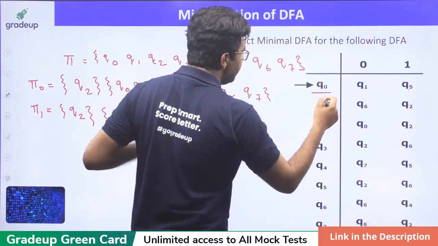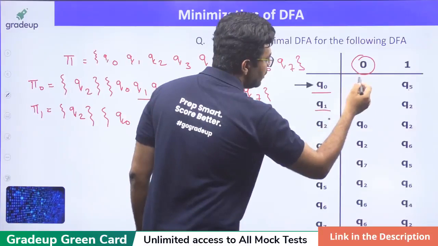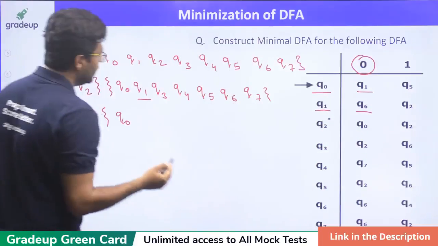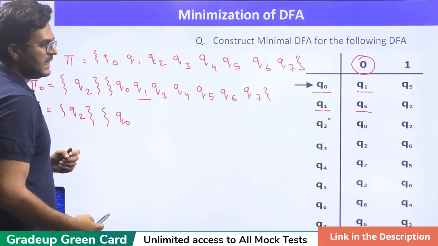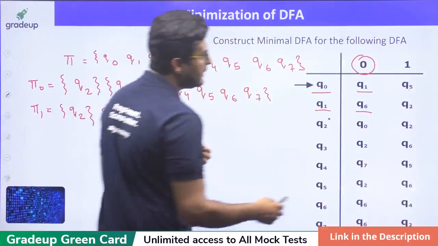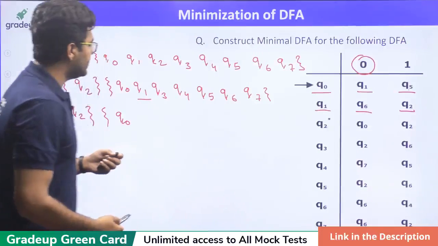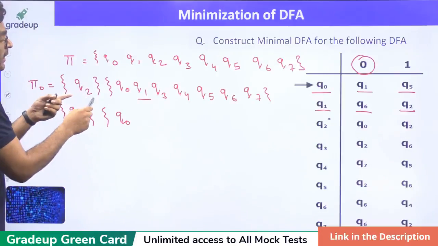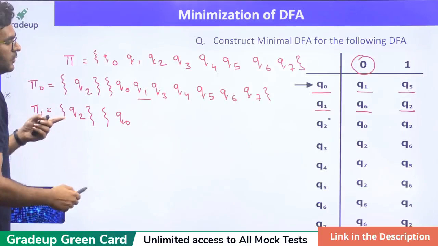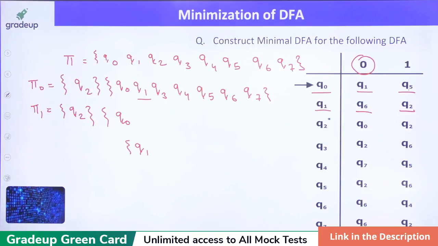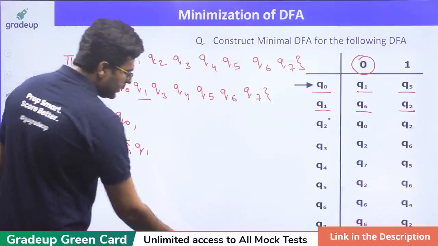At Q0, can we keep Q1 with it? Q0 on the 0 symbol goes to Q1 and Q6. Q1 and Q6 are in the same set. On 1, it goes to the Q5 and Q2 states, and both are in different sets. So we can't keep Q1 with Q0. We have to create a new set. Fine. Now I think everything will be correct.